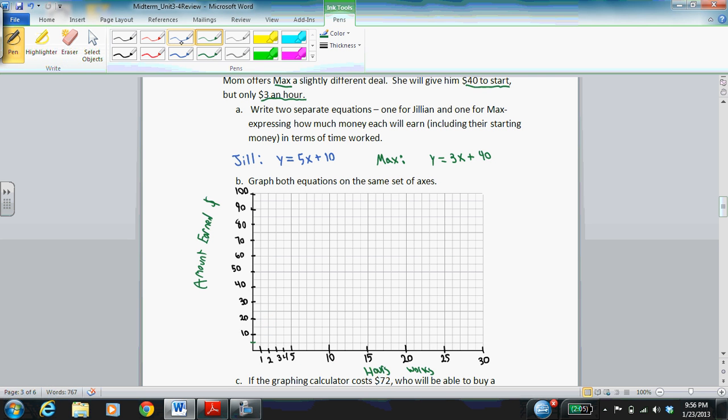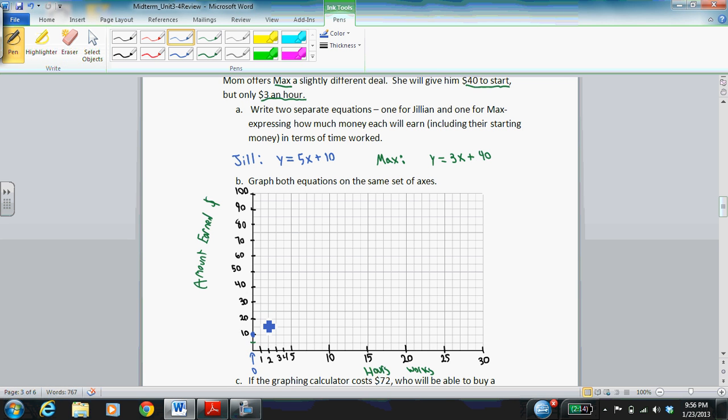So to graph Jill's linear function, and remember, why are these linear functions? Because the rate of change, or in this case, the rate of pay, is constant. So Jill's starting value is here at 10, so I plot that point. The y-intercept there is 10. Remember, the value of x is 0 at the y-intercept, which is 10.